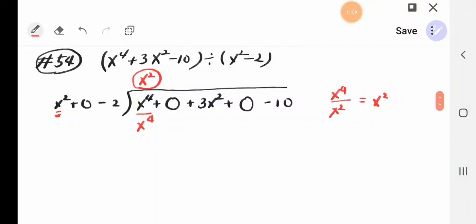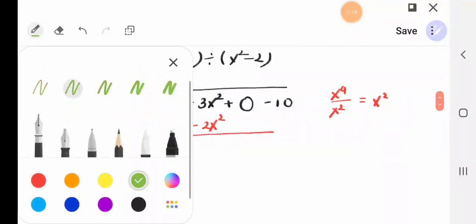Multiply the middle term by x squared, that should be equal to 0, because there's nothing. Then multiply -2 by x squared, and write it down in the next space. That will be -2x squared.